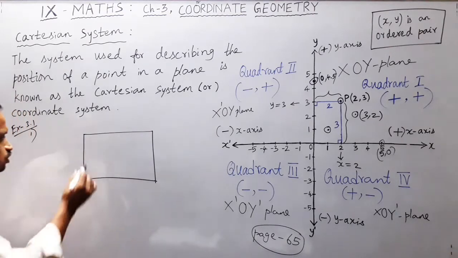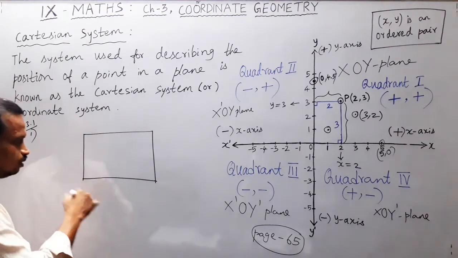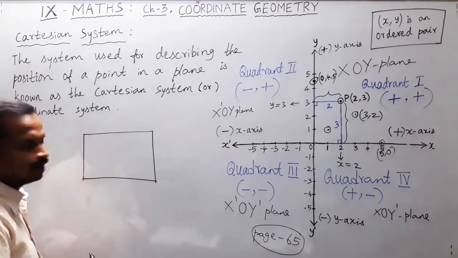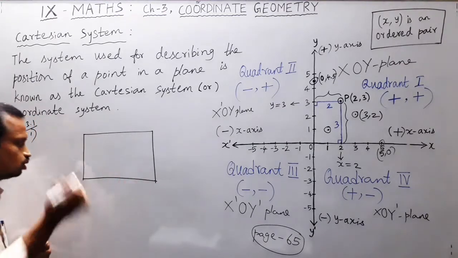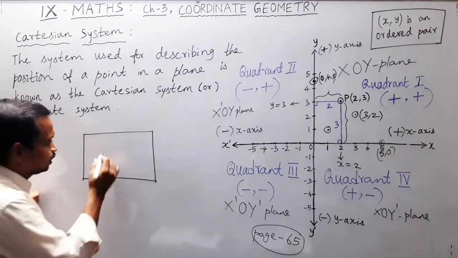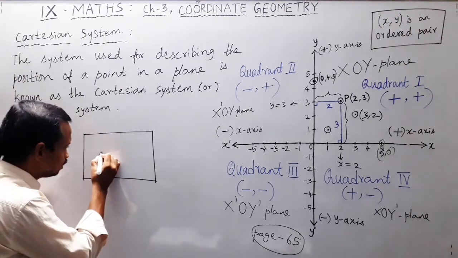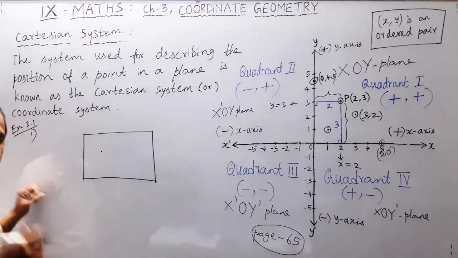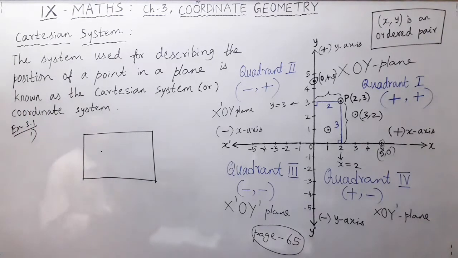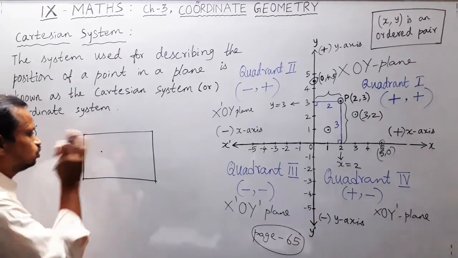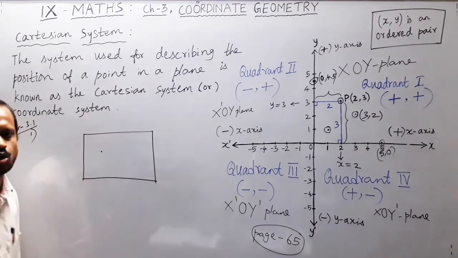So this is the tabletop. I can't draw the legs here. So above the tabletop, for example, this is the point which denotes the position of the lamp. How to give the point? How to give the coordinate there?